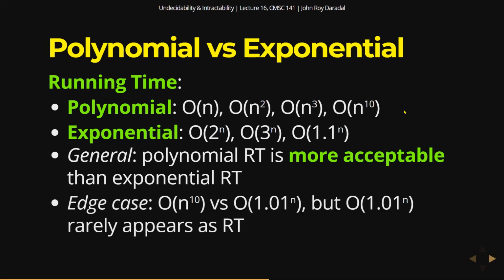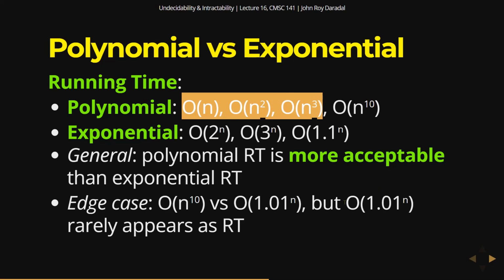Now, there are a few edge cases, like n raised to 10 versus 1.01 raised to n. This one is polynomial, this one is exponential, but this one is better. But those are very unusual cases. So in most cases, polynomial time is what you want.